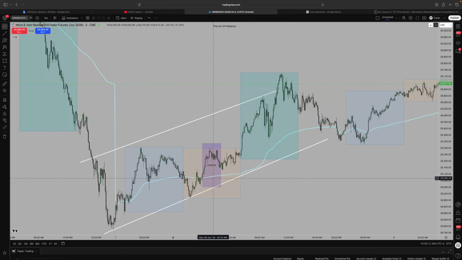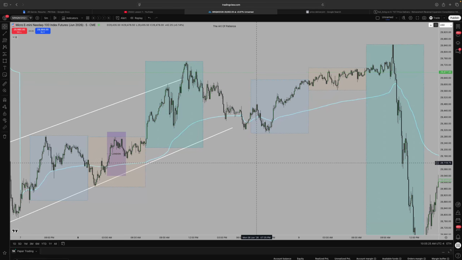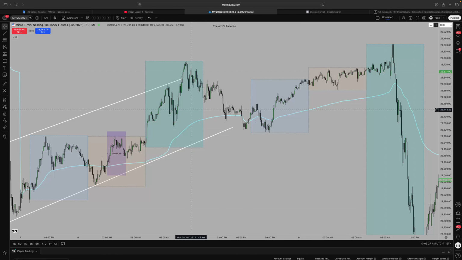Where is the market in here? On a larger time frame, it seems like an expansion move. After an expansion, you see how price expanded and then finally reverses over here.